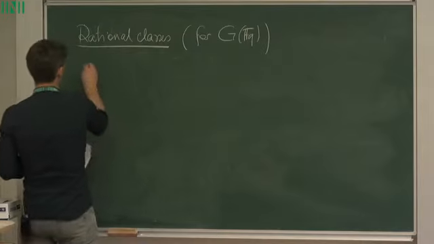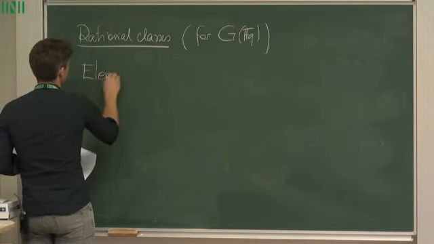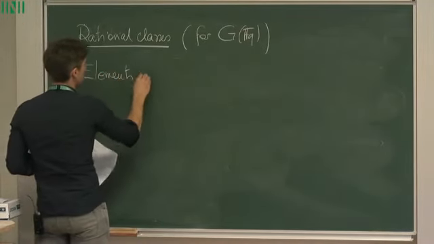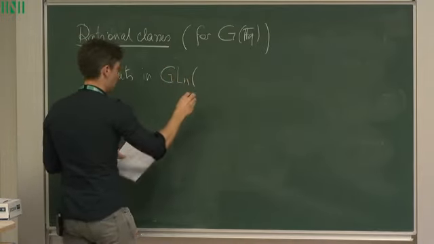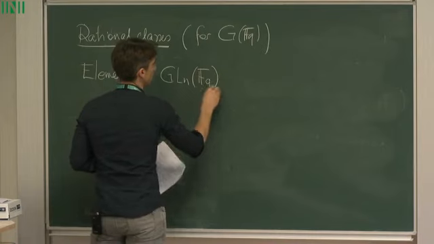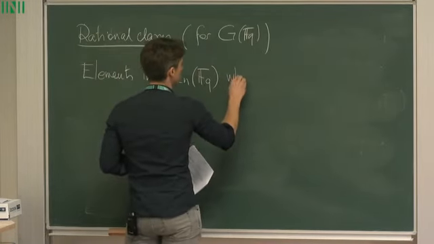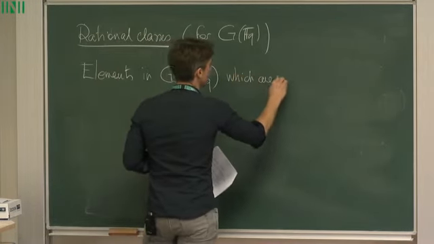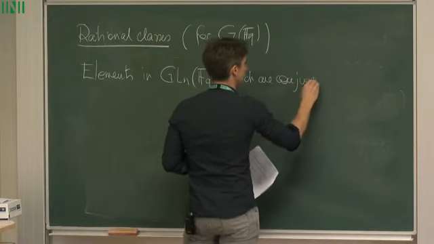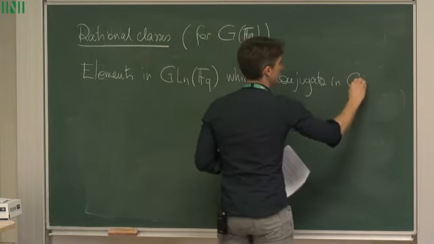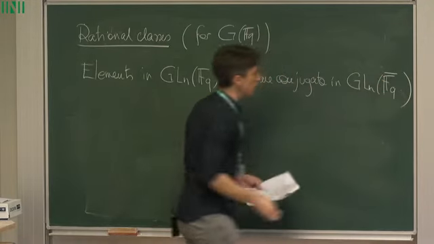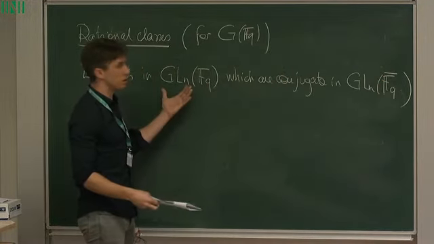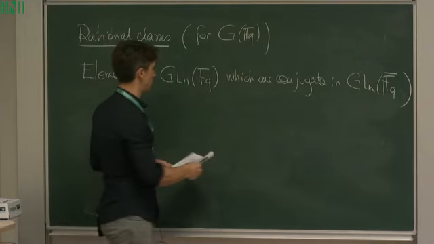Let me first say that if you start with elements in GLN over FQ which are conjugates in GLN over FQ bar, in the algebraic group, they are already conjugates over the finite group.